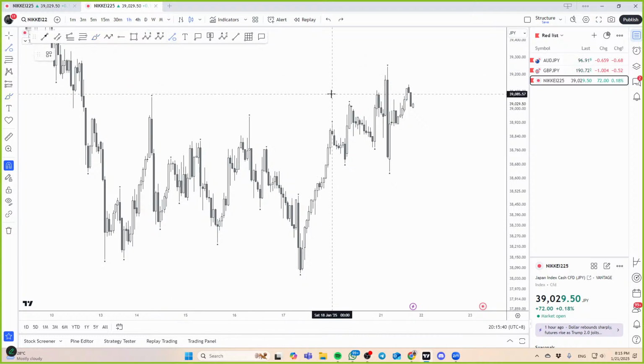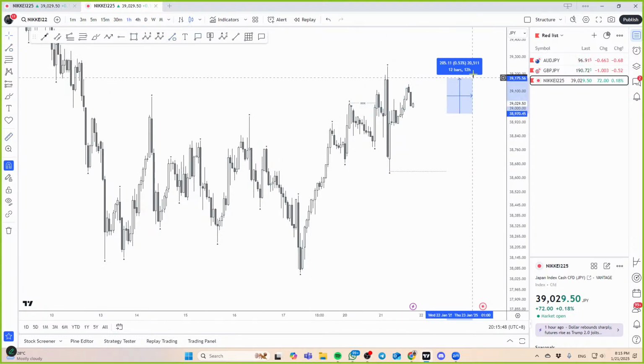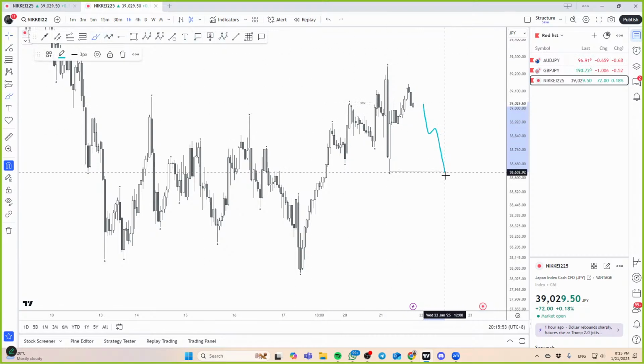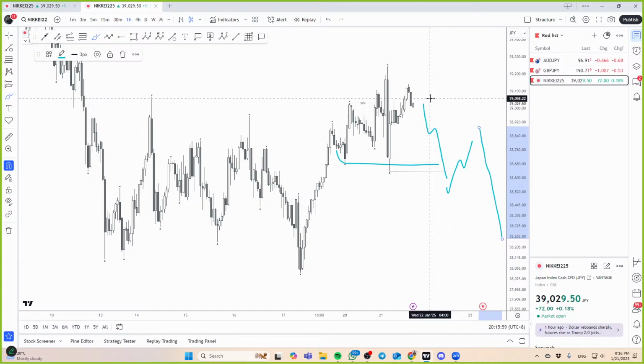In the lower time frame we can potentially see that as a setup building. But for the actual setup to complete itself, this needs to come down, take out this area, pull back, and then we only sell it.